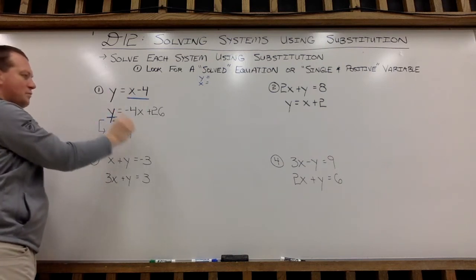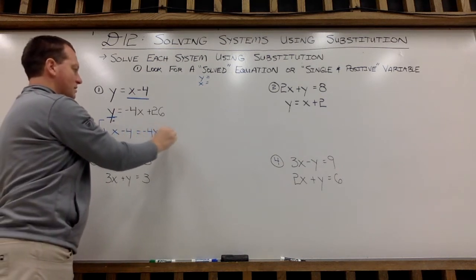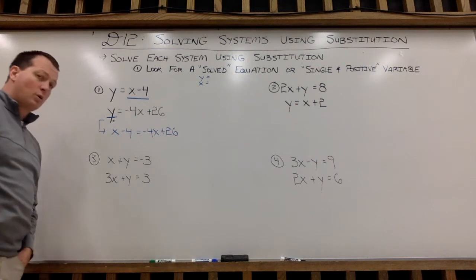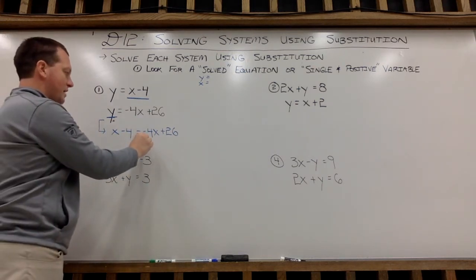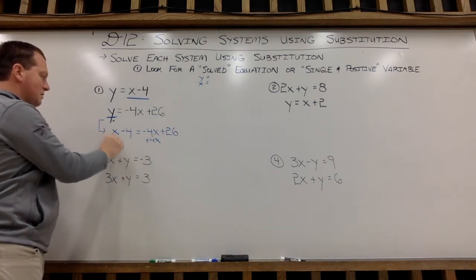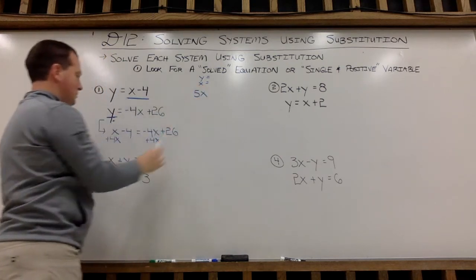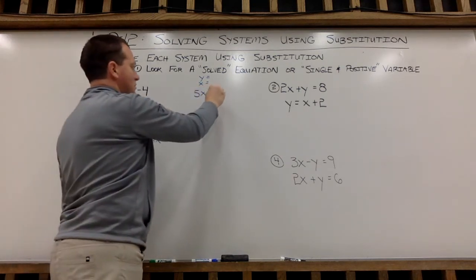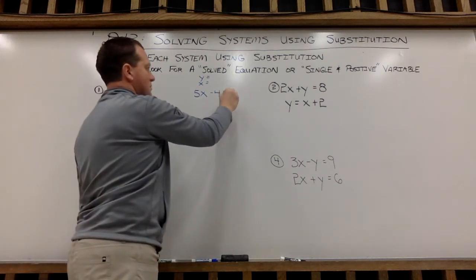So x minus 4 will equal -4x plus 26. I am now going to solve for the remaining variable, in this case x. So I'll add 4x to both sides. 1x and 4x will give me 5x minus 4 will equal 26.